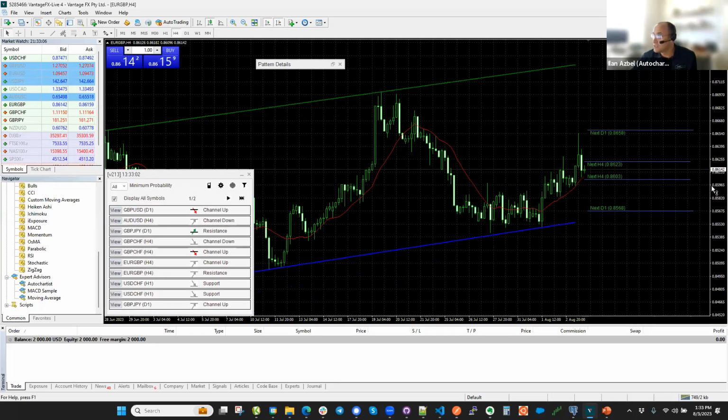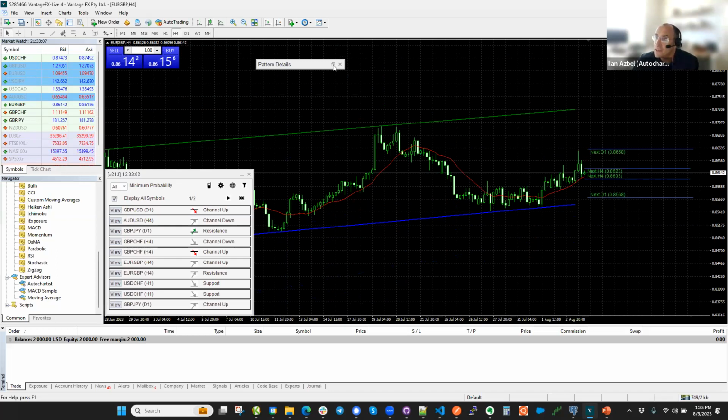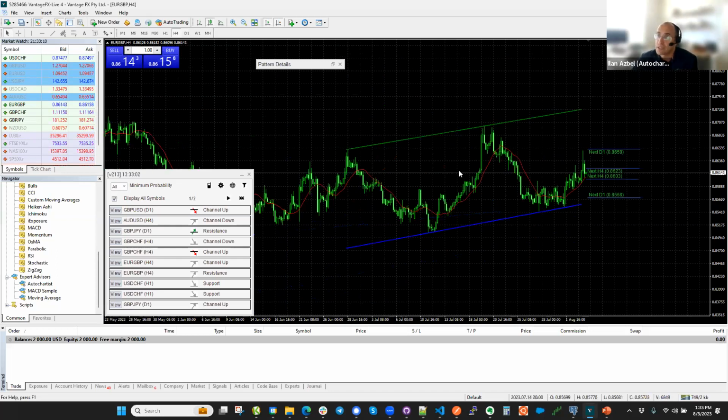For example, we can see here an emerging chart pattern on Euro Pound. I covered this last week. Emerging means it hasn't yet broken through support or resistance, which means that this kind of opportunity is really more geared towards the swing traders, the guys that are looking to trade these swings rather than the long-term trends.